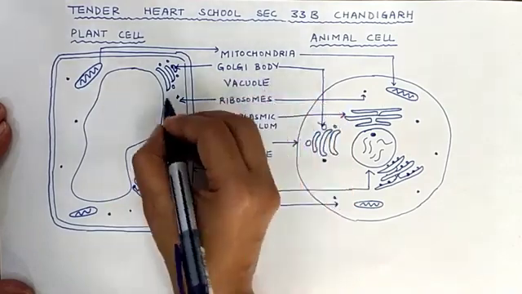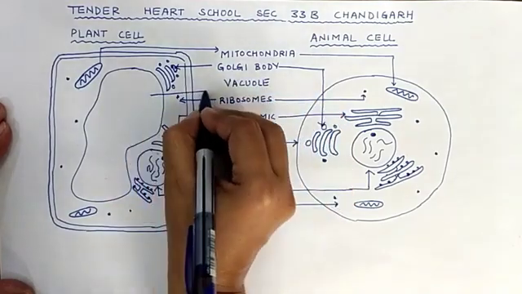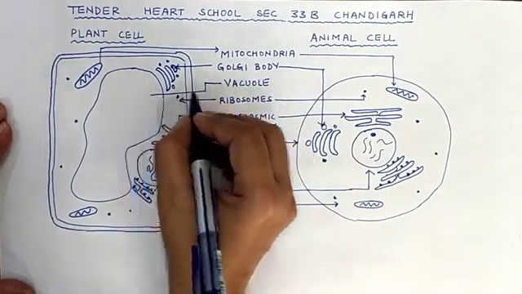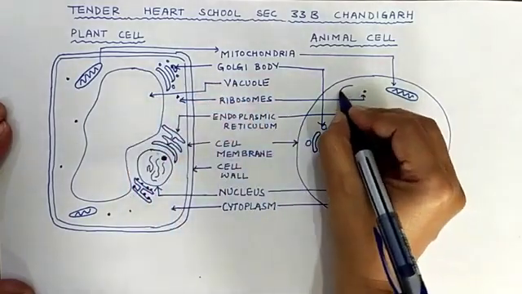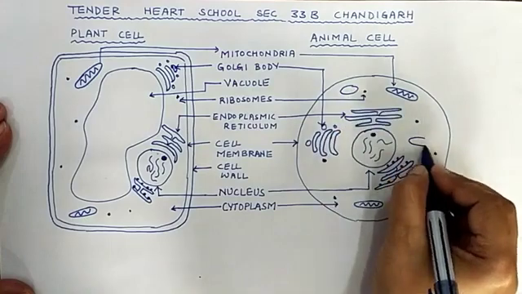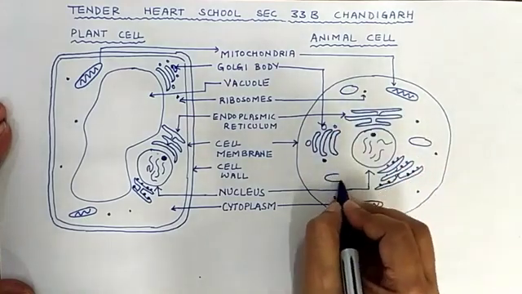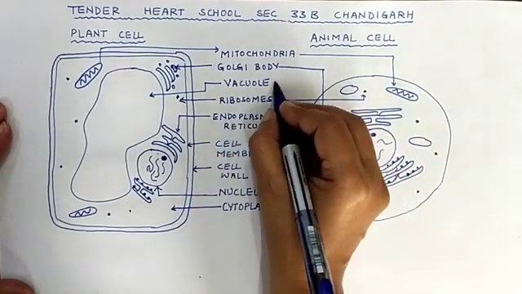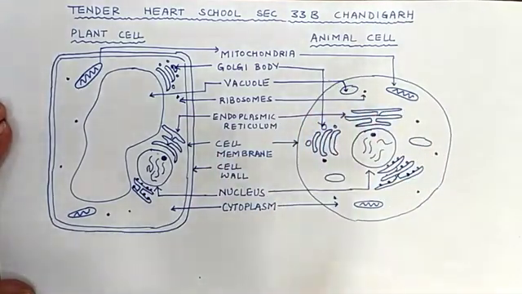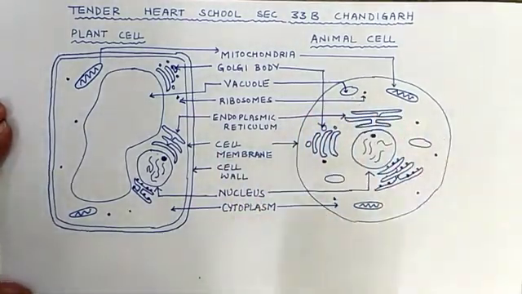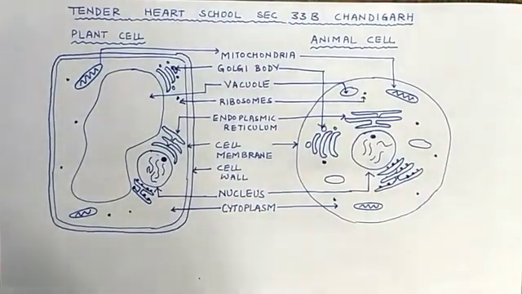And in the animal cell, we have vacuoles which are much smaller in size, right? So you can show the vacuoles here. Vacuoles are containing water, and certain salts may be dissolved in this water, right? So these are the vacuoles which may be present in the cell.